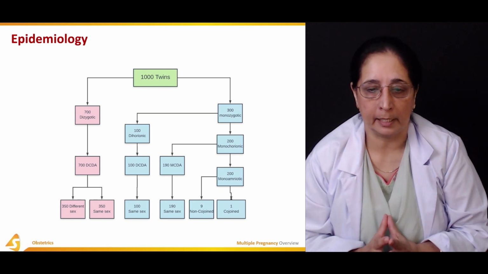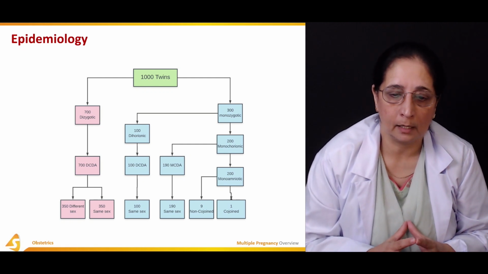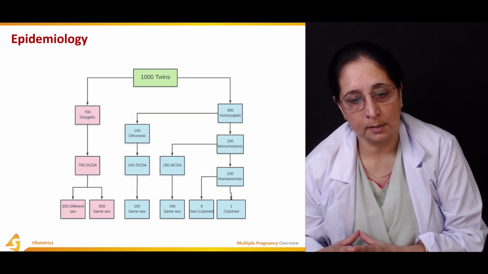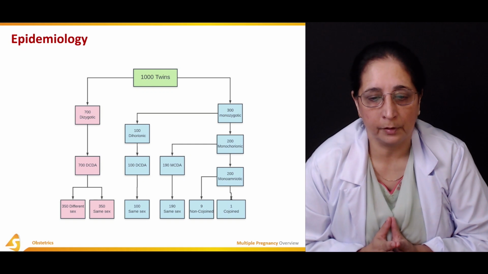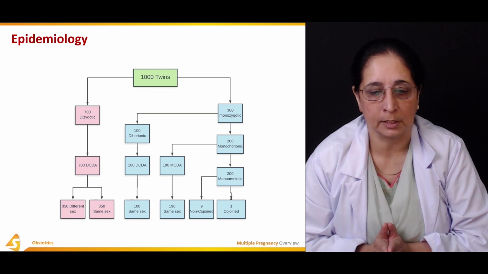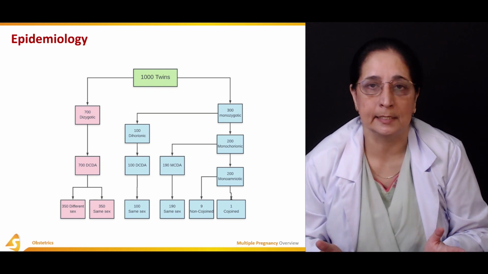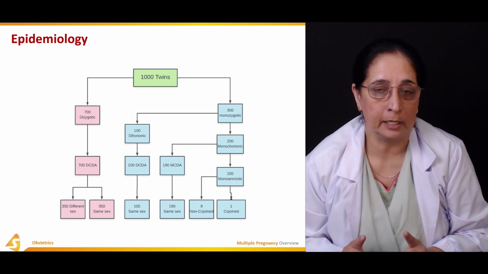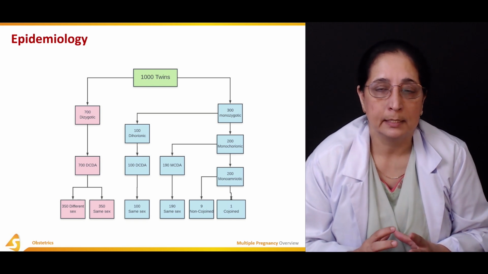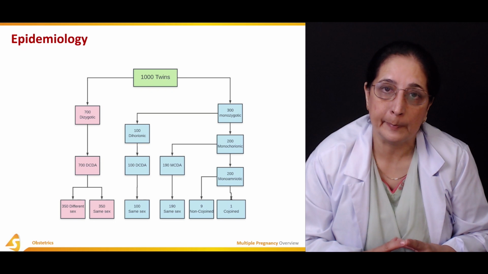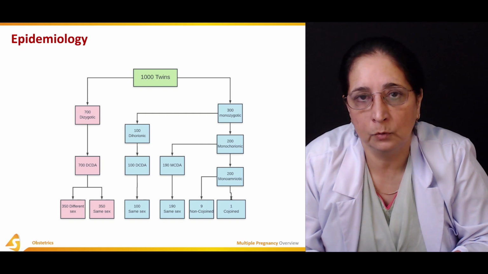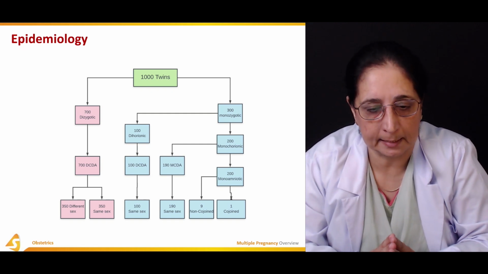Out of these, 100 are dichorionic, meaning two separate chorions or placentas, and all of them have the same sex, two girls or two boys.